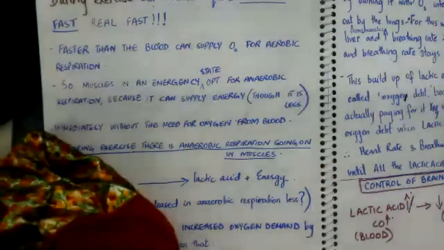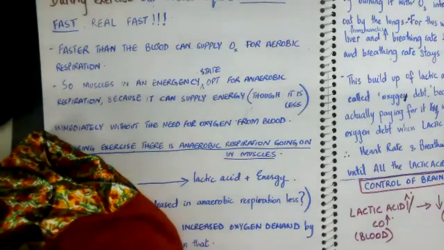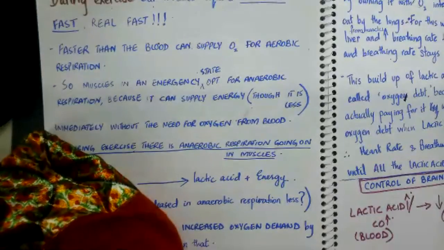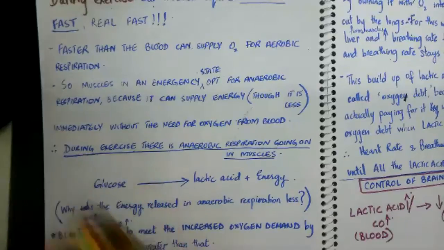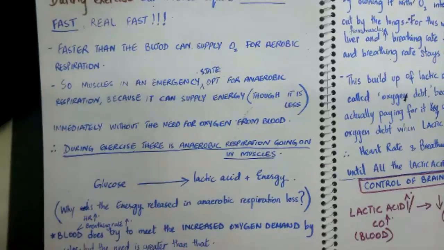Yes, Sarah? I've unmuted you. Because in anaerobic respiration, there are two ATPs per glucose, and in aerobic respiration, there are 38 ATP molecules formed per glucose molecule.